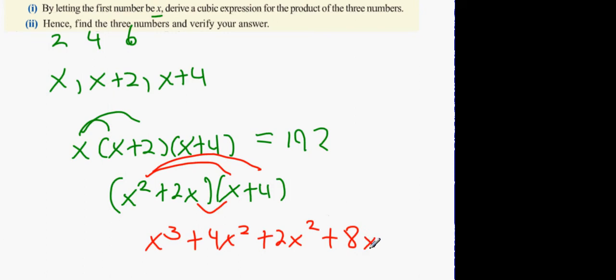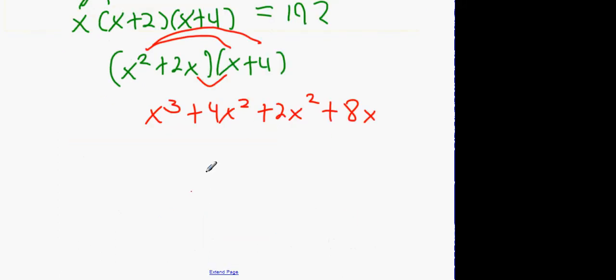There is no number that hasn't got an x in it, okay? And then I've got to add it together, don't I? To get x cubed plus 6x squared plus 8x. Is that what people got? Yeah. Okay.